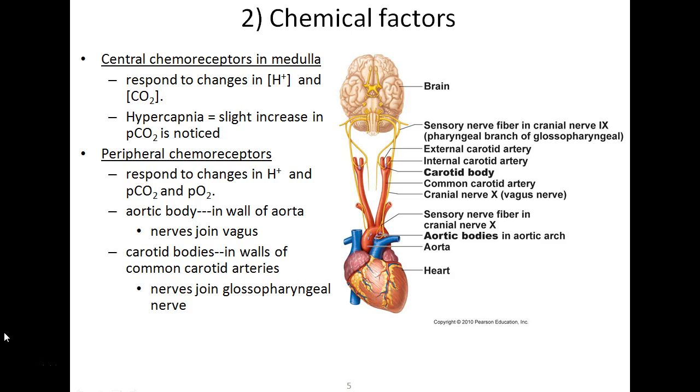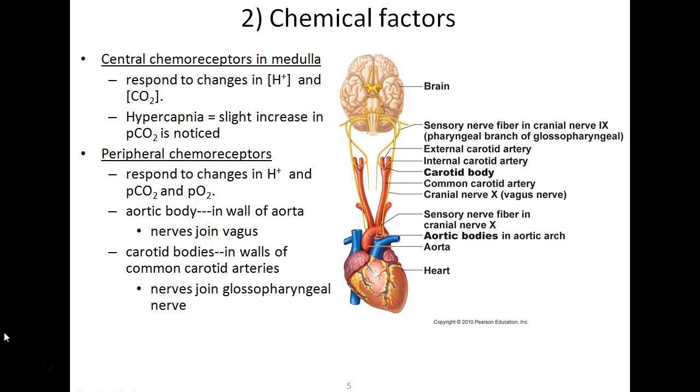We have central chemoreceptors located in the medulla, and they monitor pH changes, specifically pH changes of cerebrospinal fluid, and that pH change of the CSF is caused by the partial pressure of carbon dioxide.